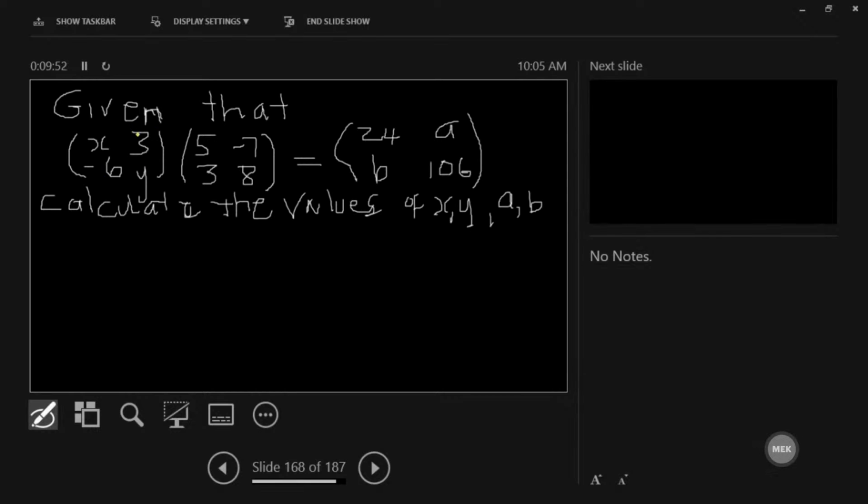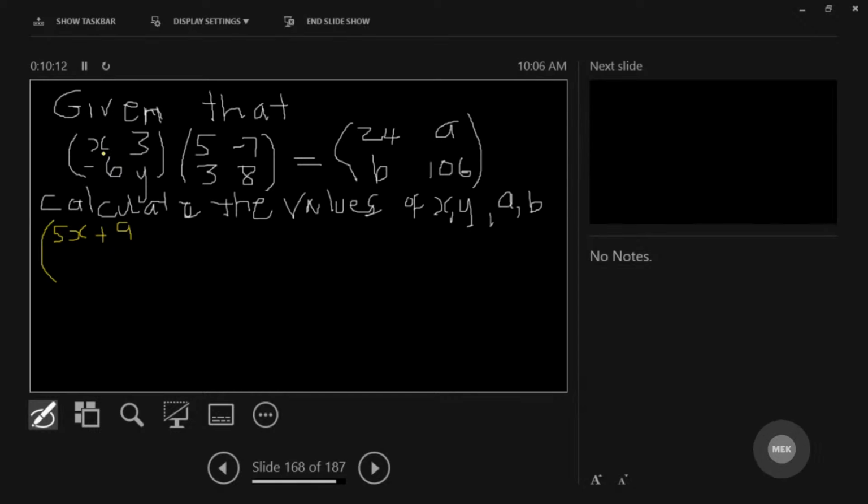So we're multiplying this matrix by this one. So we know it's row by column. Remember, row by column. So it's x times 5, which is 5x, and 3 times 3, which is 9. So that's 5x plus 9.